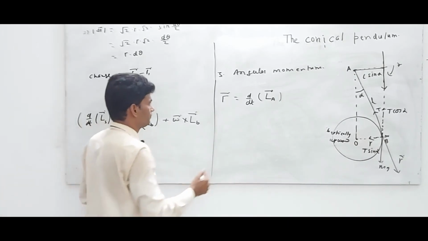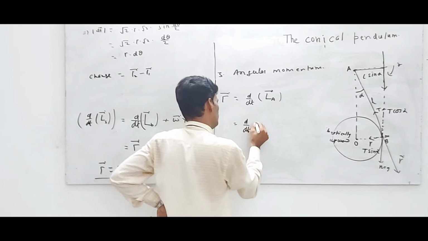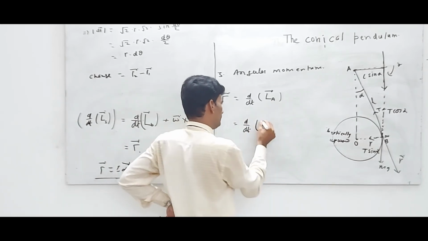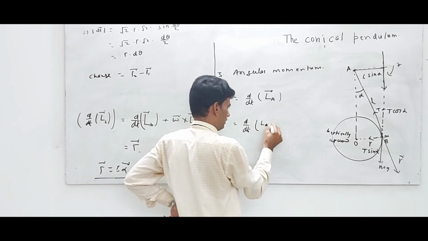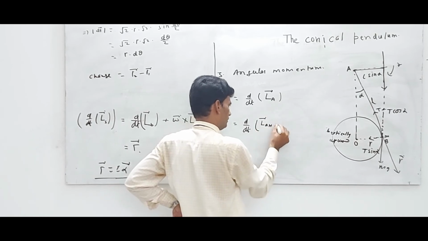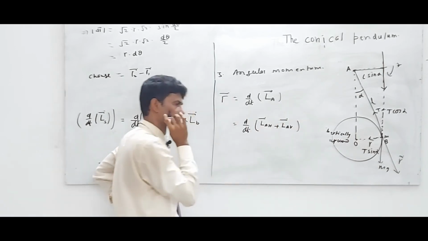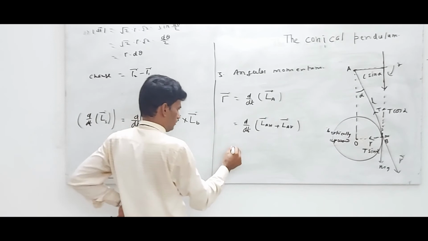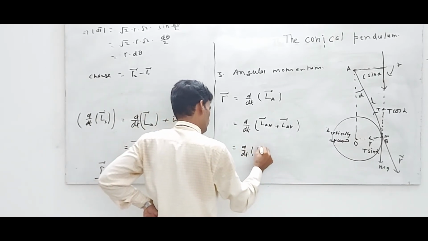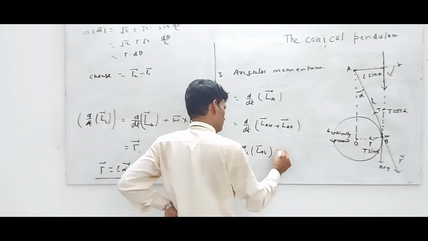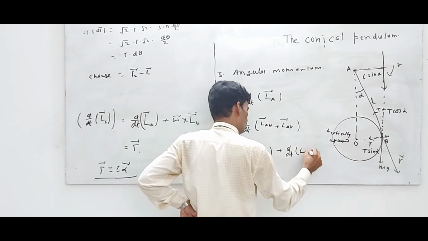So d by dt of LA is the horizontal vector plus LA vertical vector. So we write d by dt of LA vertical vector plus d by dt of LA horizontal vector.